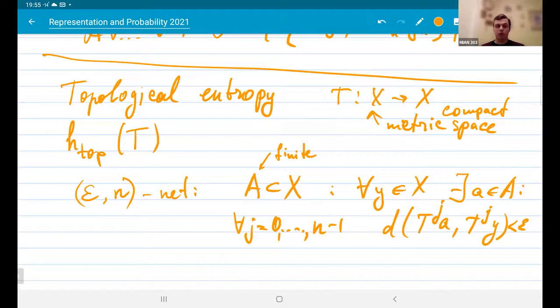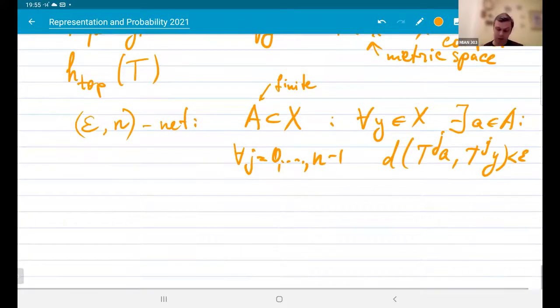So an epsilon-n net is a set of points such that the orbit of length n of any point of your space can be epsilon-approximated by a point from our net.